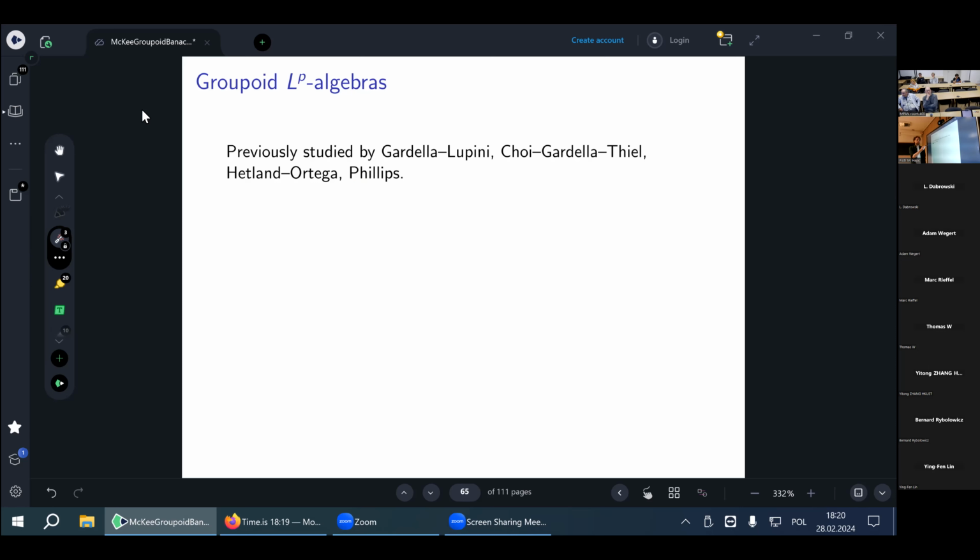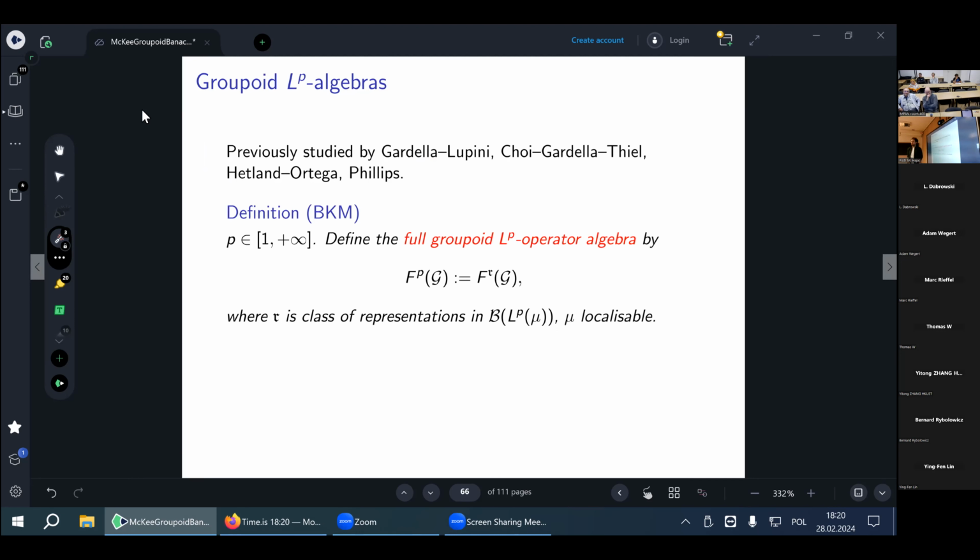And then some general theory was taken up by Eusebio and some of his collaborators, and also these guys. We want to make a link with what they did first of all, and also again go down to the underlying data.